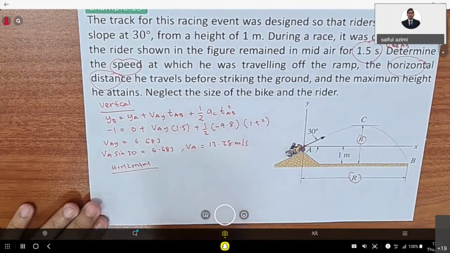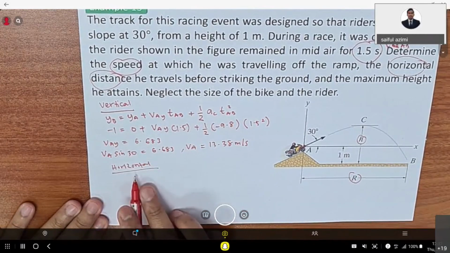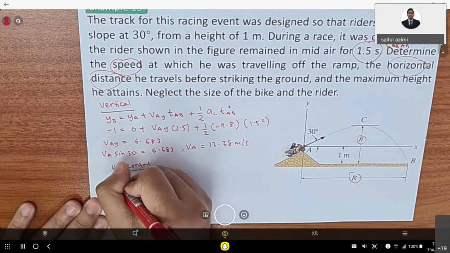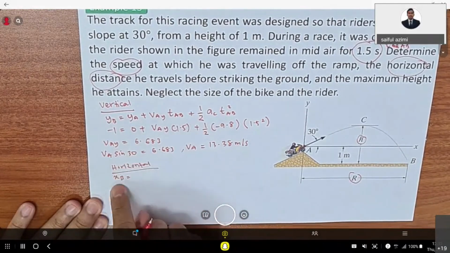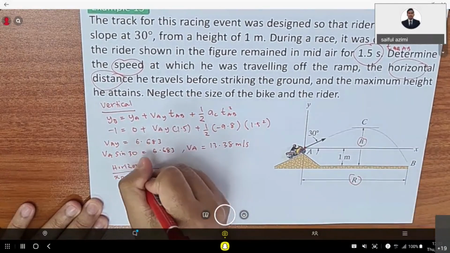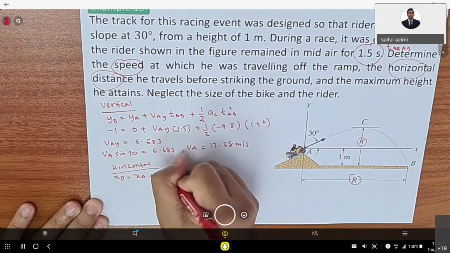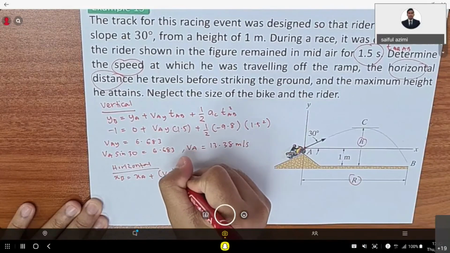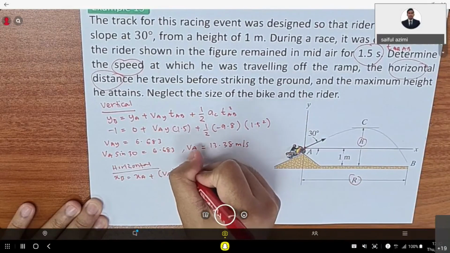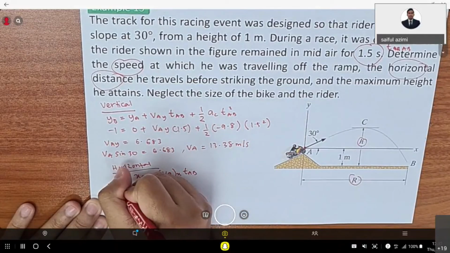Next we have the horizontal motion. We wanted to find R, right? So R equals XB, the horizontal position when it is at B, equals XA plus VAX multiplied by TAB. XB, we have R here.